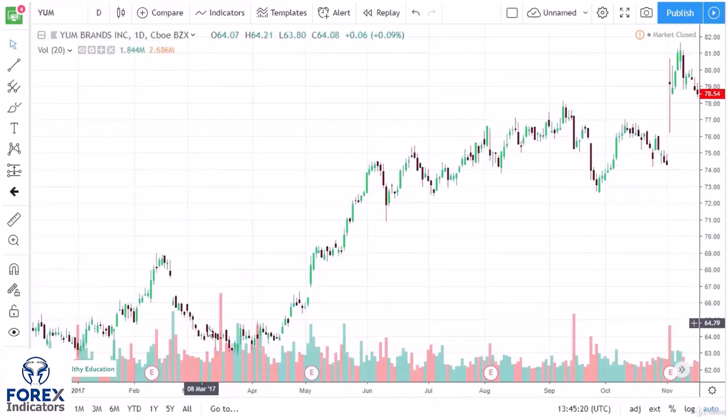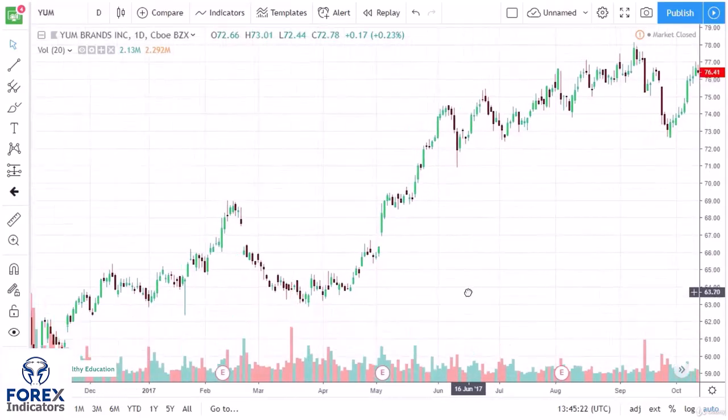Rounding bottom, you can see that Yum Brands took its time, we pulled back and then just kind of went like this for several months, from about 62 to 66, gives you a target of 70, which we do hit rather quickly. The nice thing about these patterns is they take a long time to set up, so you can keep your eye on them for quite some time.